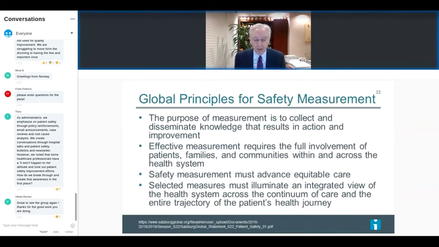So as we think about the global principles for safety measurement, I'd like to review these with you briefly. The first is the purpose. The purpose of measurement is to collect and disseminate knowledge that results in action and improvement.